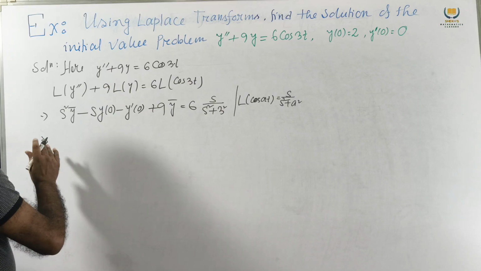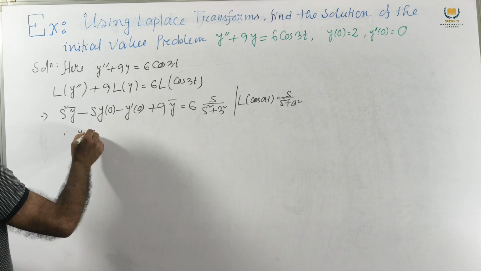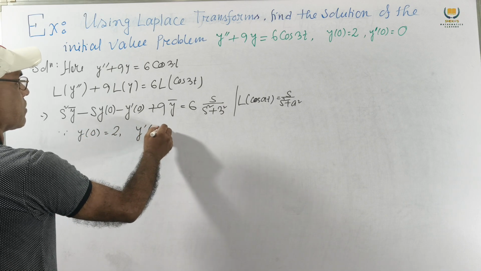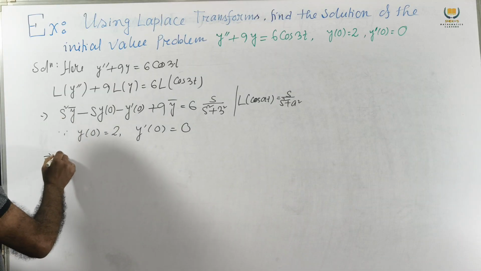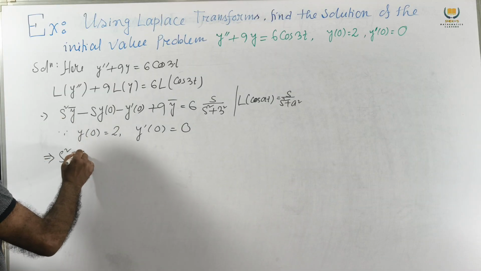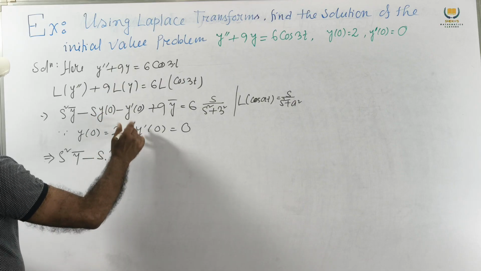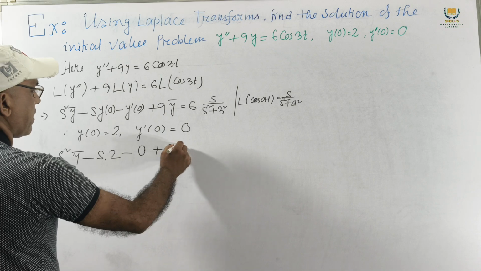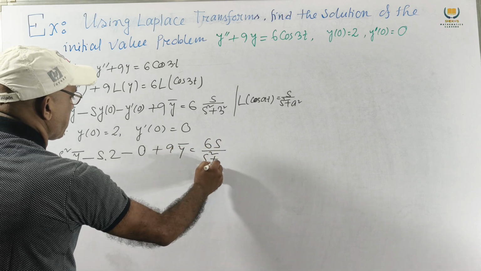Now this is our initial condition given, y of 0 equal to 2 and y dash 0 equal to 0. Putting these values here, we get s square y bar minus s times 2 minus 0 plus 9 y bar equal to 6s by s square plus 9.